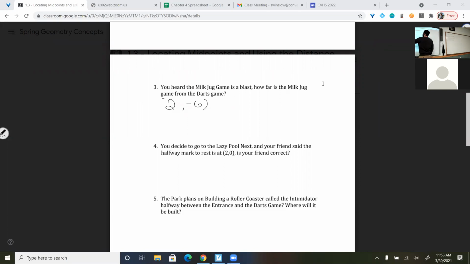So I'm going from the darts game to the milk jug game, which is located at (8, -4). And again, we want to know how far it is, so we're going to use the distance formula.